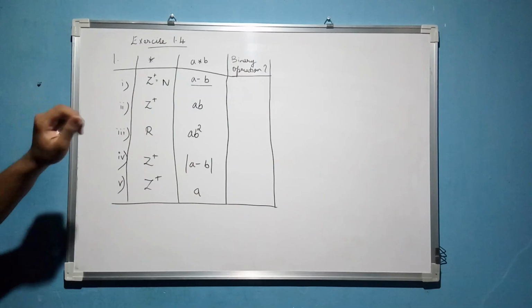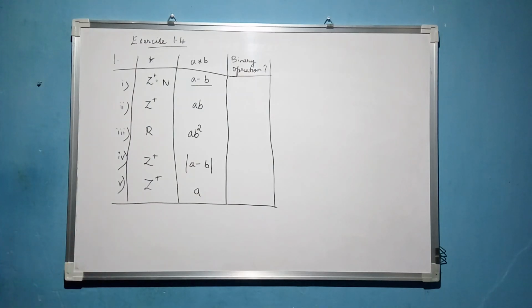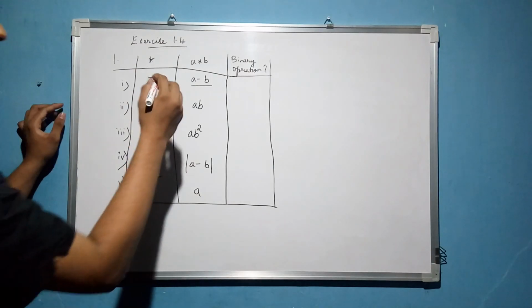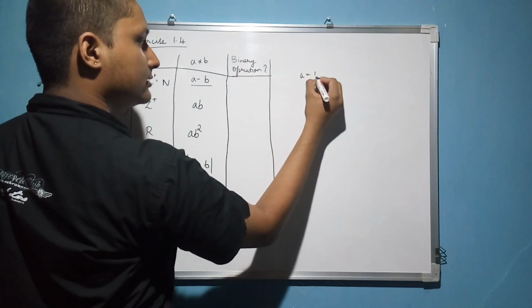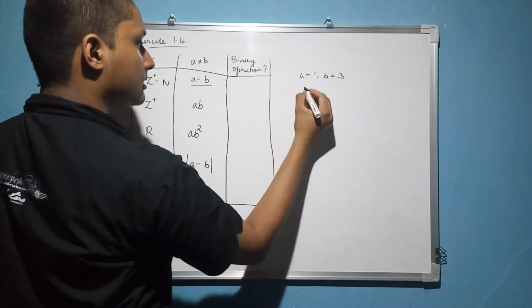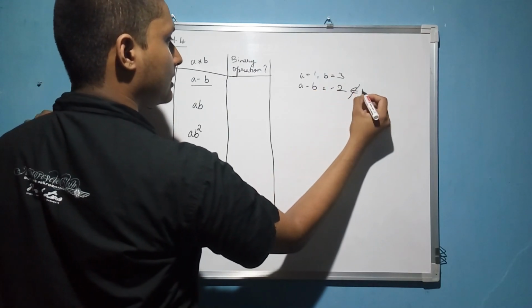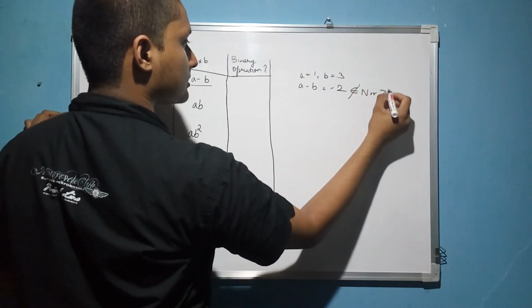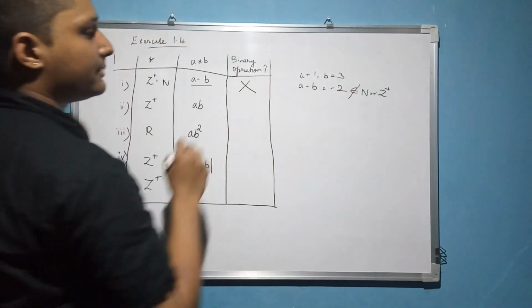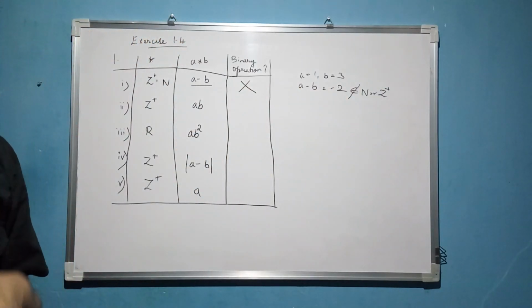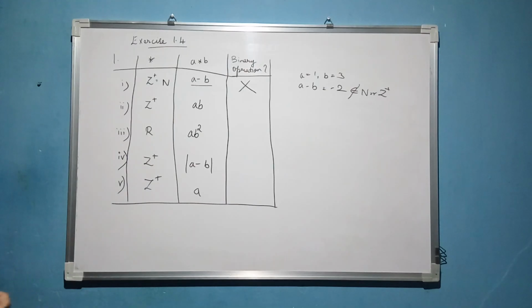So you need to have an image. If I have A and B, let A be equal to 1 and B be equal to 3. So A minus B is equal to minus 2, which is not belonging to N or Z plus. Therefore, this is not a binary operation. That is one of the counter examples to prove that it is not a binary operation.